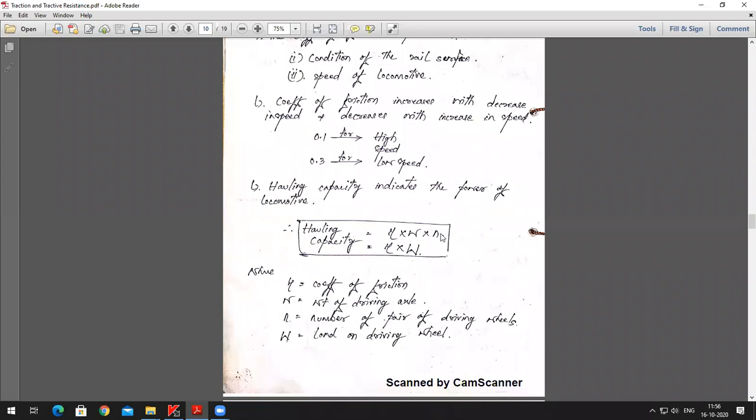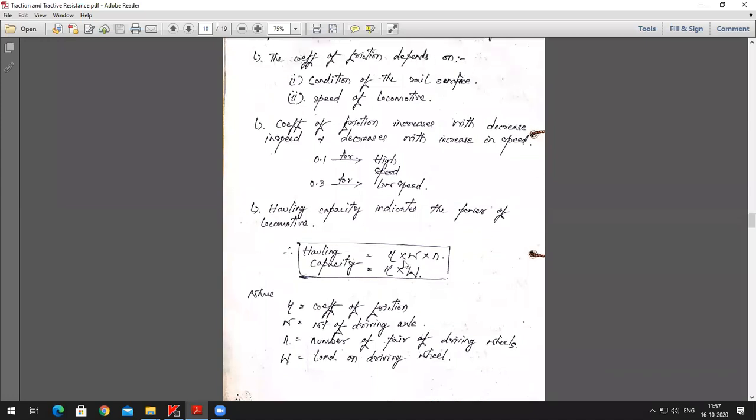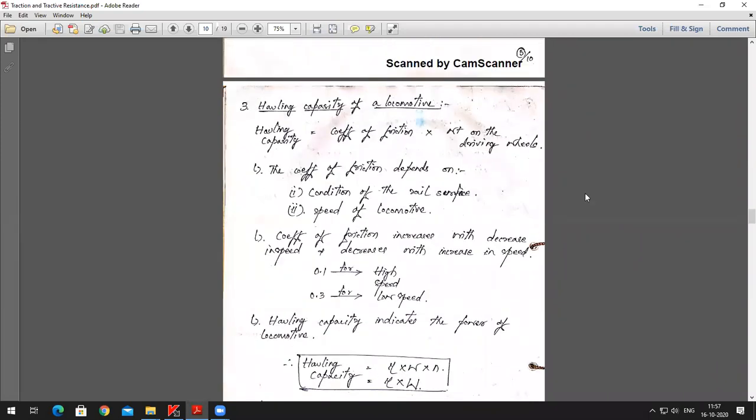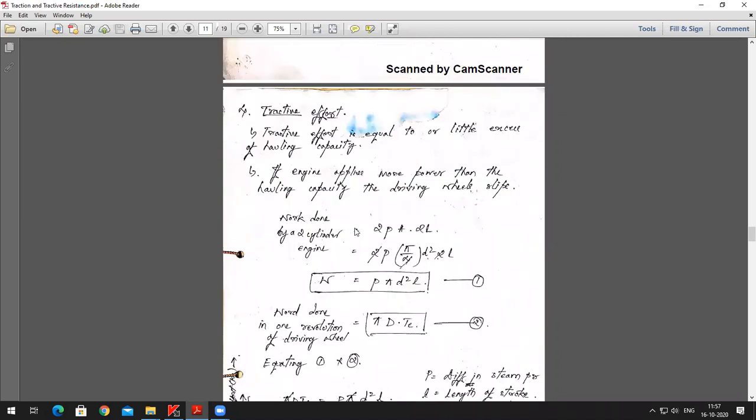If you put these two together, it would be the load on the driving wheels. So hauling capacity is equal to mu, that is the coefficient of friction, multiplied by the weight on the driving wheels, or load on the driving wheels. This is a very important equation that you need to remember, along with the coefficients of friction. So this was about the hauling capacity of a locomotive.